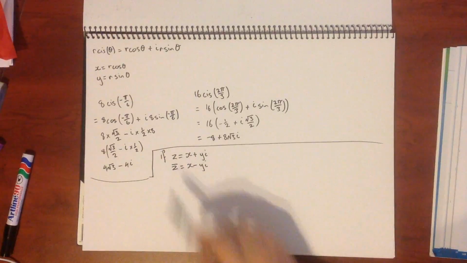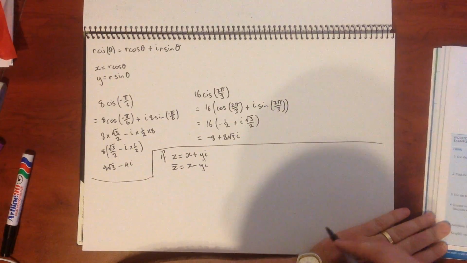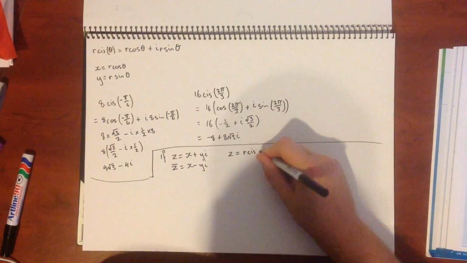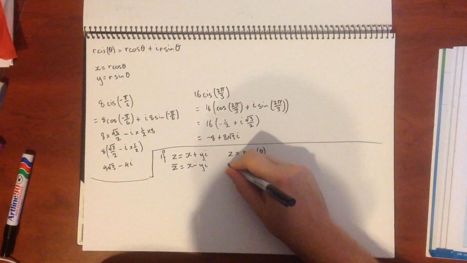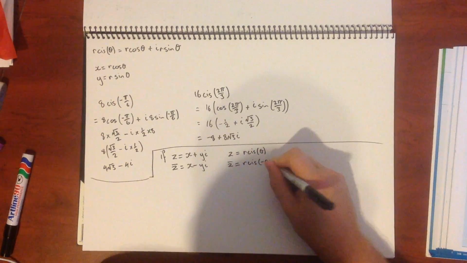So we still use the z bar notation. The only difference is that if z is r cis theta, then z bar equals r cis negative theta.